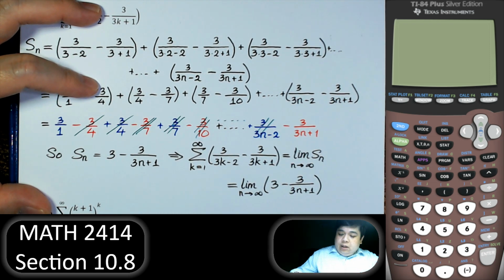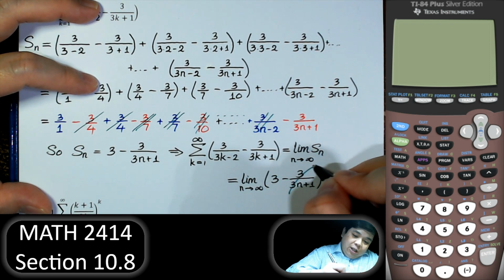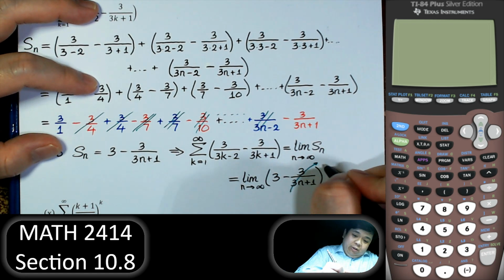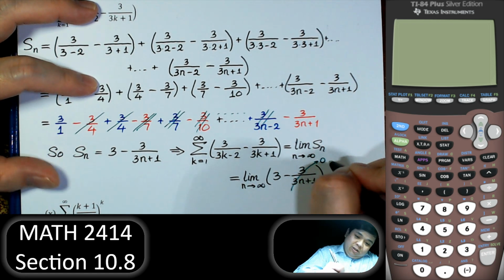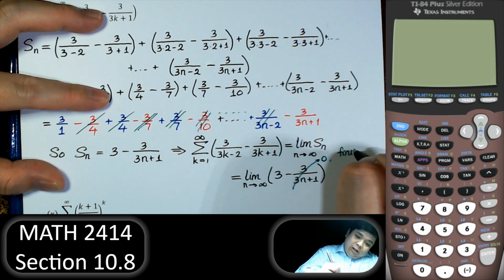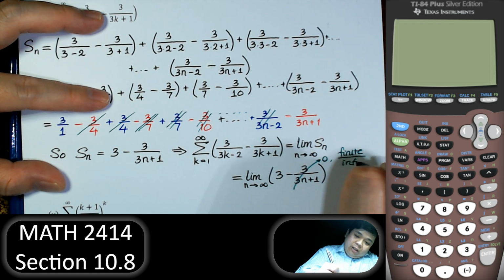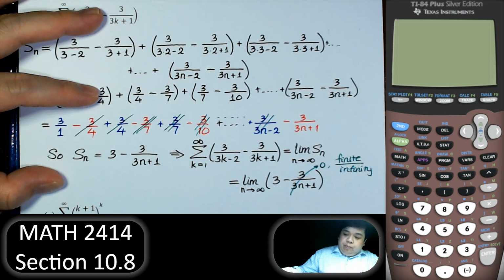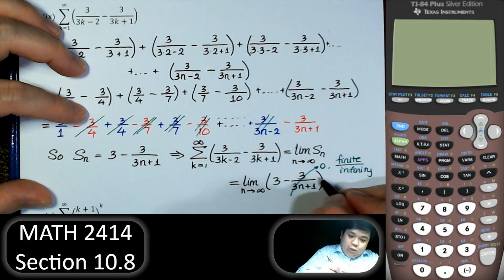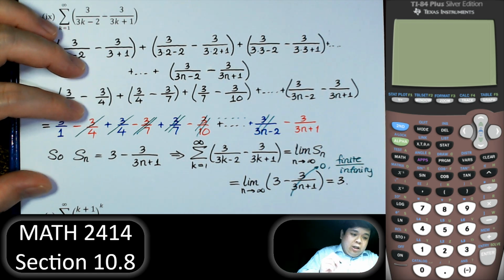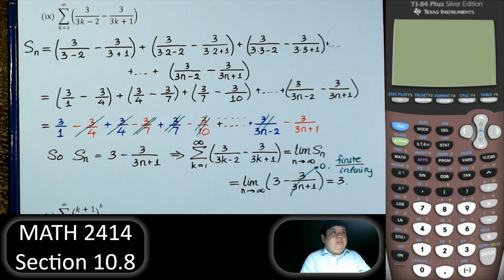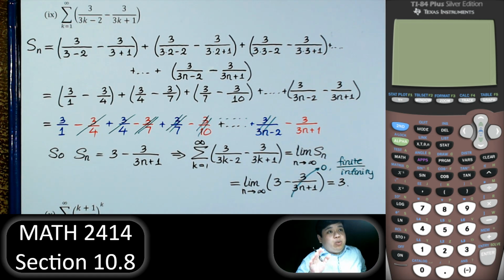We have finite over infinity, so this one goes to 0. So this one equals 3. So actually this sum, when we add up, is equal to 3. So if it adds up to a constant, this is convergent. In this particular case, we even find out that it is equal to 3.